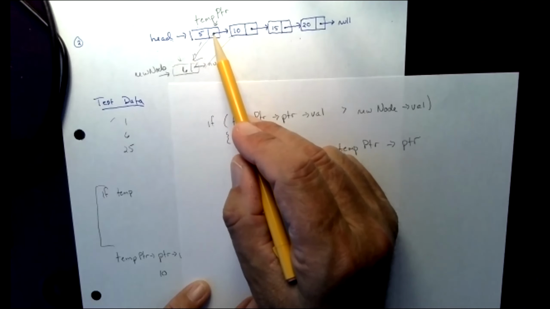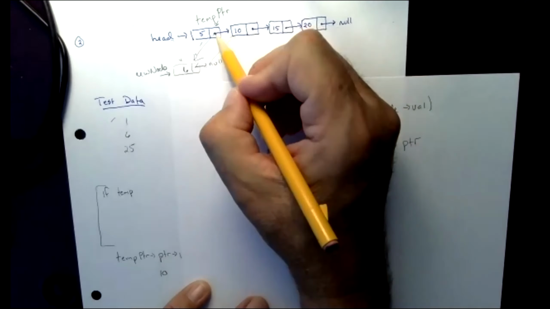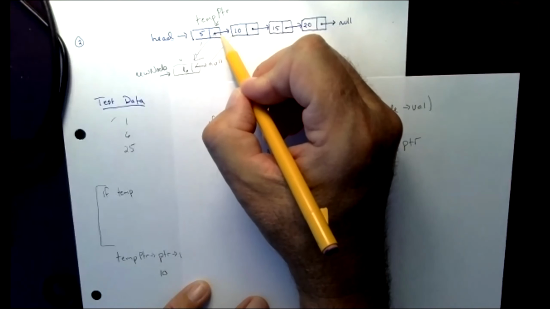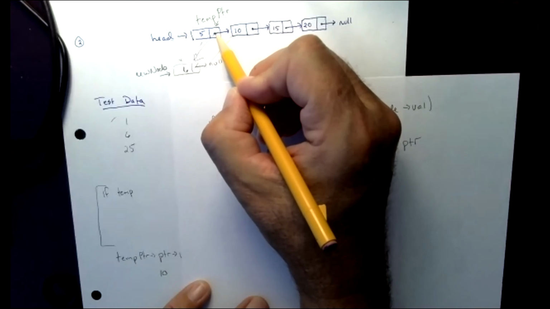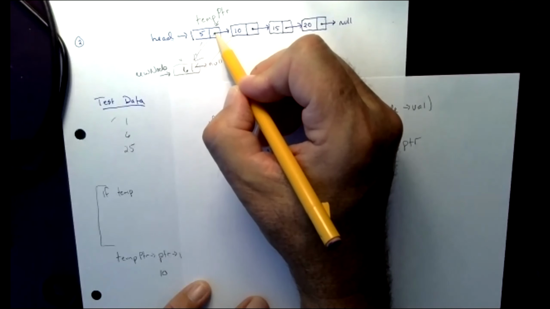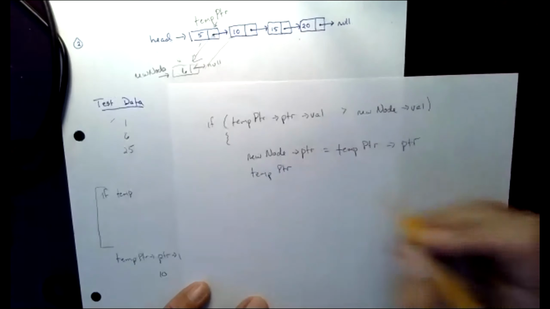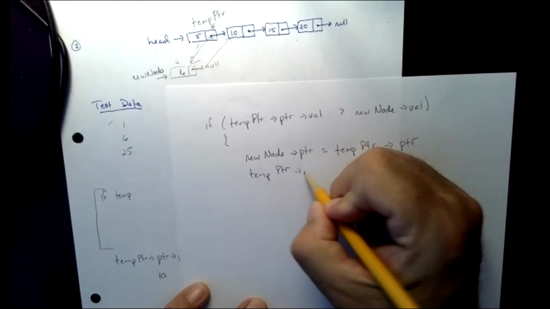What is this guy right here? Well, no, but this guy right here in this block, he is a pointer. I want that pointer to now point to this new node's address. How do I reference that guy right there? He is temp pointer's dot pointer.